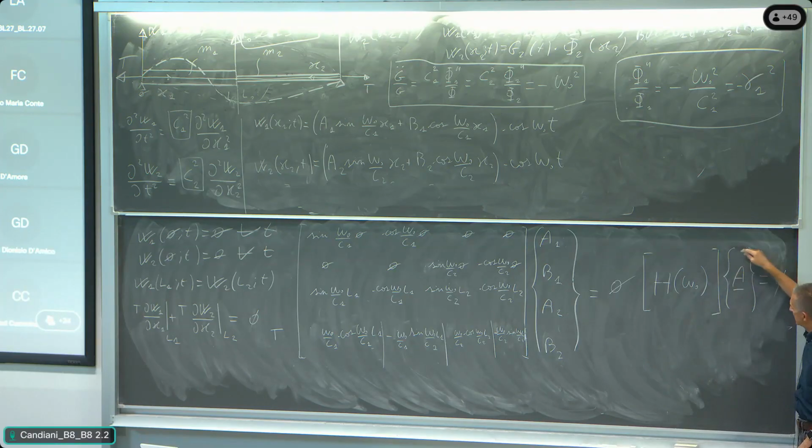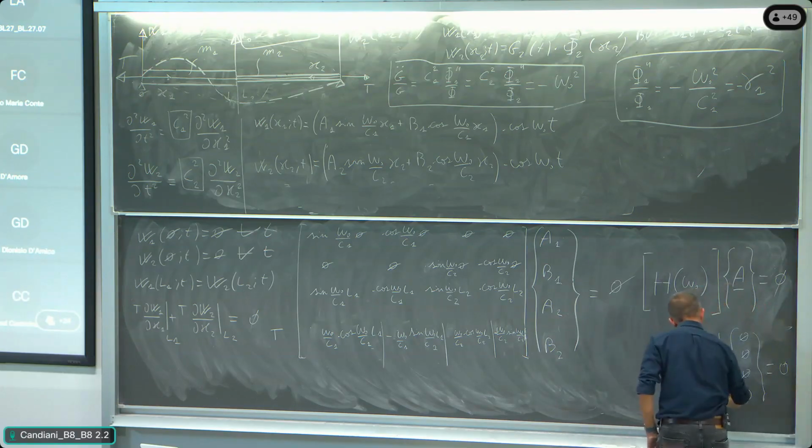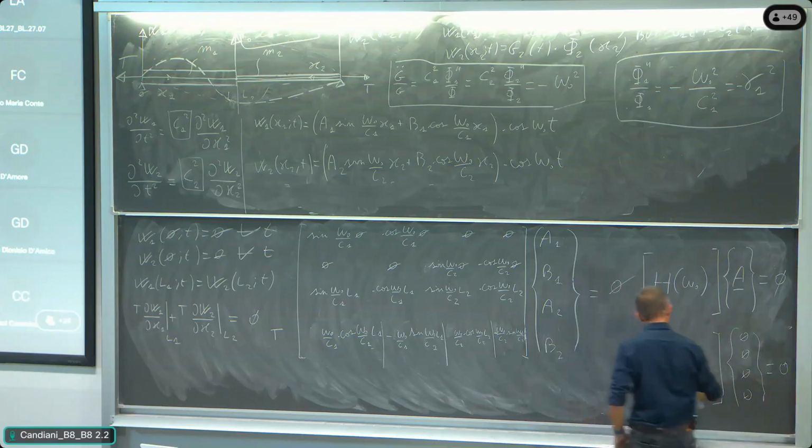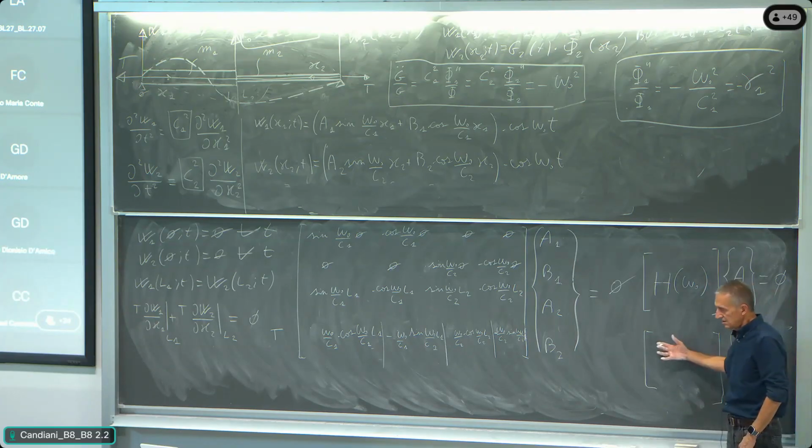Not trivial means that the solution 0, 0, 0, 0 is a perfect solution, all right? So whatever this square matrix is, the trivial solution 0, 0, 0, 0 is a solution of the problem, all right? But in order that the solution is not trivial, so we have a set of numbers here that are a solution, it is necessary that the determinant of this matrix is null.